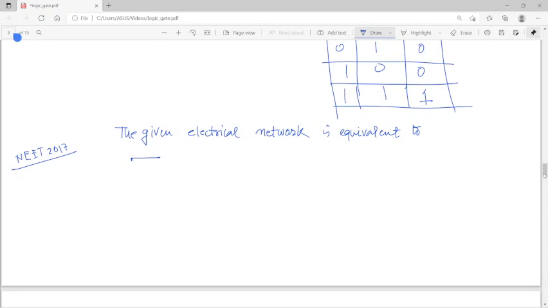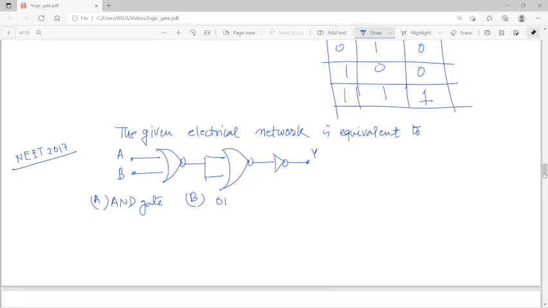They were giving you the network like this, and then this output. This is A B, and options are given: AND gate, OR gate, or NOR gate, or option D, NOT gate. So these are the different types of options.